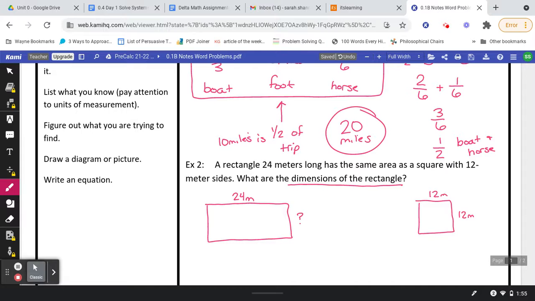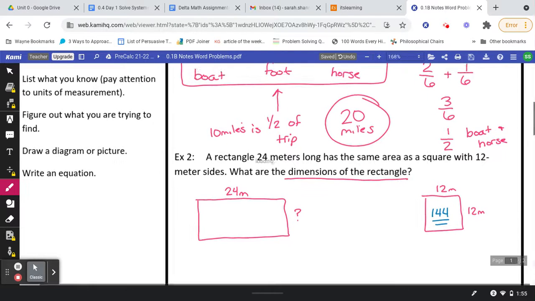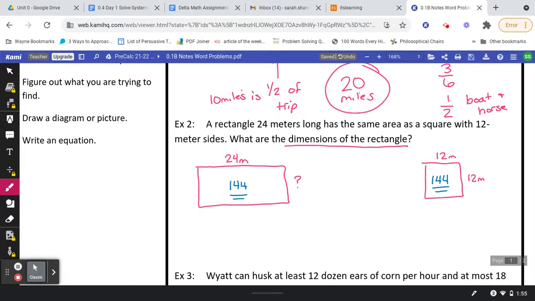Then it tells me that the area of the rectangle and the square are the same. So the area I can find on the square because I have both sides, length times width, 144. I don't know the side of this, but I know the area has to be 144 as well. So the length, 24, times what will give me 144?